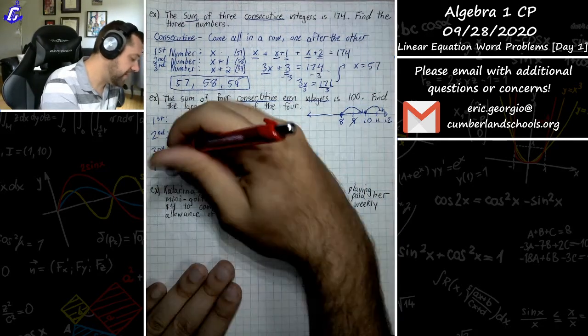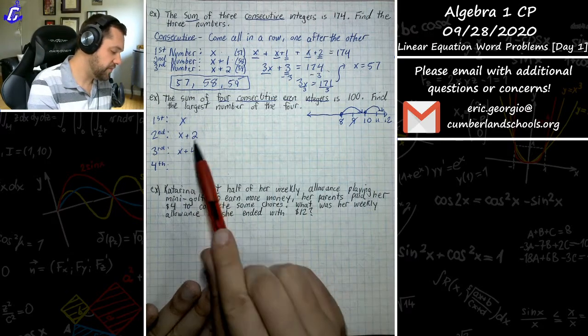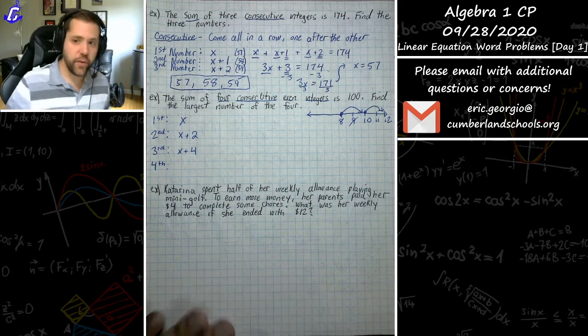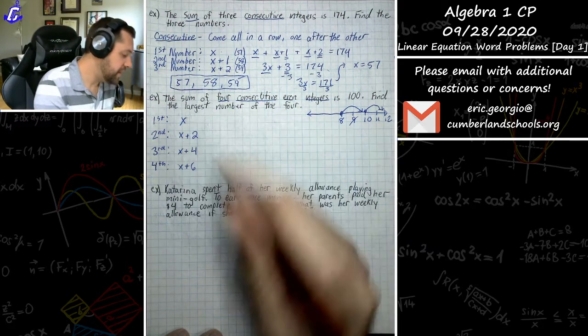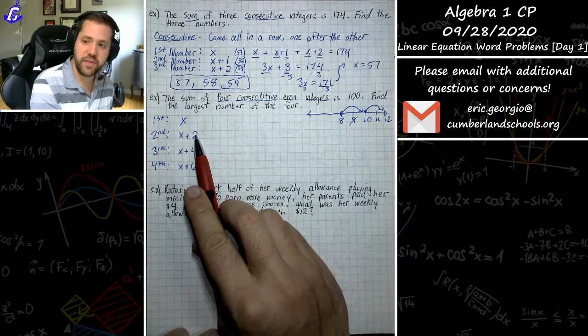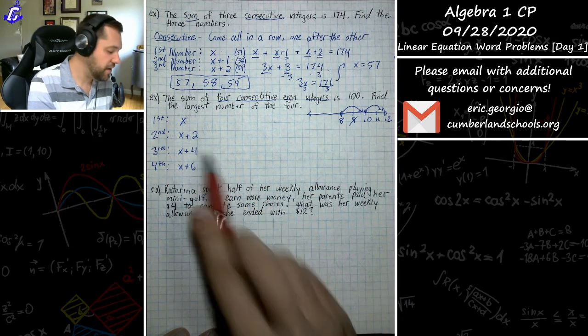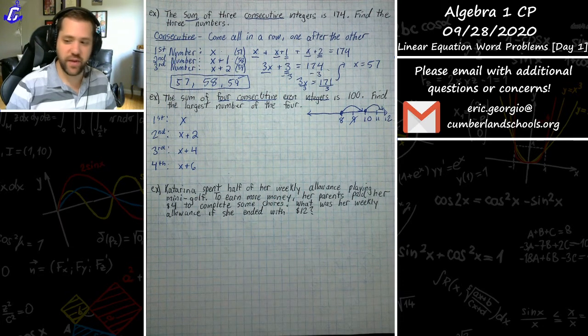So I would represent my third number as x plus 4 because I'm going to jump 2 to get here and 2 to get here, a total of 4. And then my fourth integer is going to be x plus 6 because we're going to make a jump of 2 to skip over the odd number to get here, another jump of 2 to skip over the odd number to get here, and another jump of 2 to advance 3 even integers away.